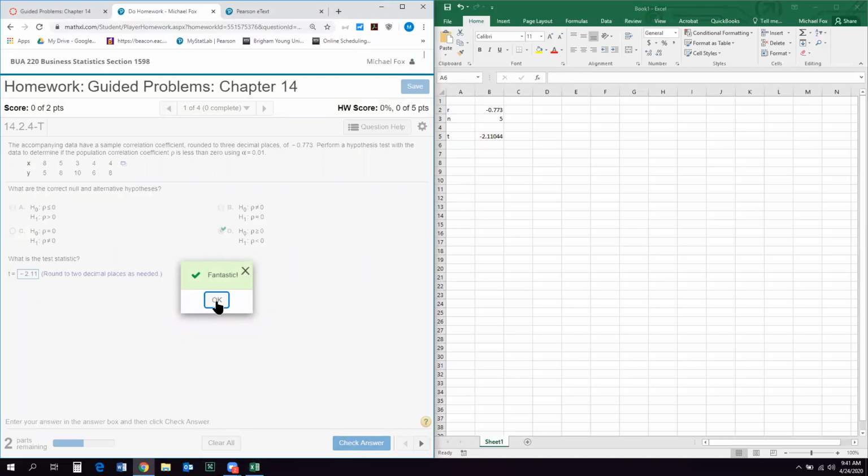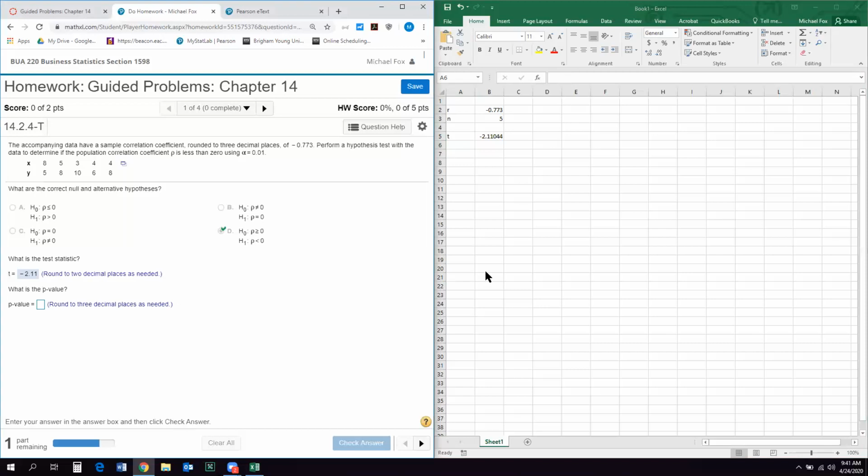That one's as easy as finding the formula and doing it, right? And then the p-value just means what's the probability of finding a point that low or lower. This one is a negative 2.11, so I'm going to do equals T.DIST, where my x is my t-test statistic.